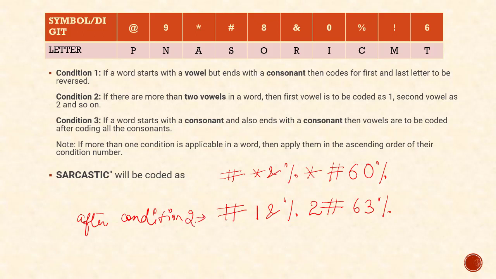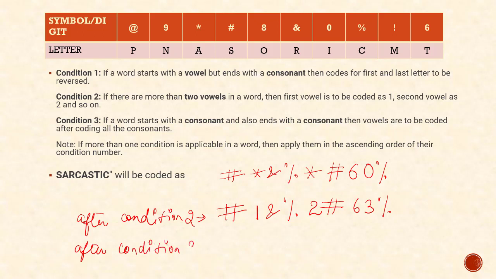Now we'll see if condition 3 can be applied on this. Yes, because the first alphabet and the last alphabet happen to be consonants. Now what does condition 3 state? If a word starts with a consonant and also ends with a consonant, then the vowels are to be coded after coding all the consonants. That means the codes for the vowels are to be written at the end after the codes for the consonants have been written.